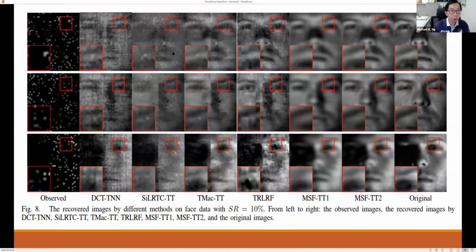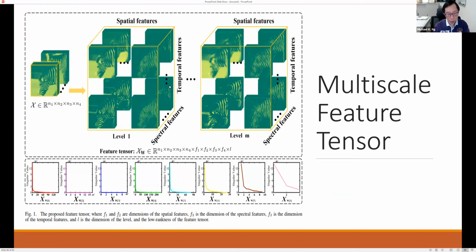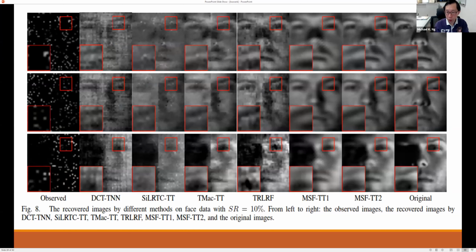Why? Because when you do image analysis, classification, or clustering, you may use some hidden structure inside the data, maybe spectral, temporal, or spatial features. So in the process, you recover these hidden features in different domains, and that also helps you do classification or even other pattern recognition purposes.